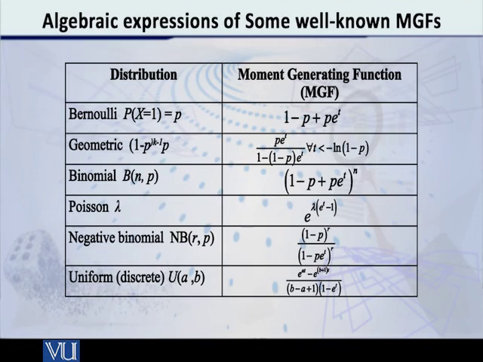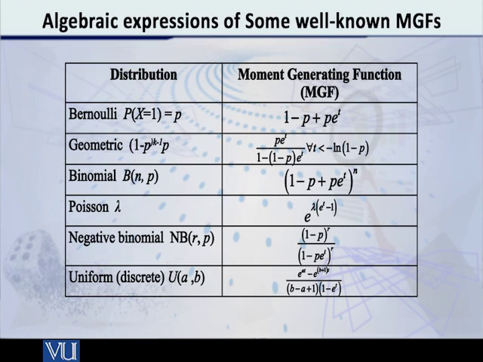इसके बाद let us talk about the negative binomial distribution. The negative binomial distribution, if it has parameters r and p, then the expression of the MGF is given by 1 minus p whole raised to r over 1 minus p e raised to t, and this whole thing raised to r. इसके बाद geometric distribution को देख लेते हैं.